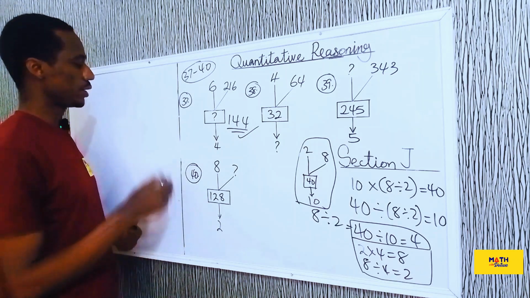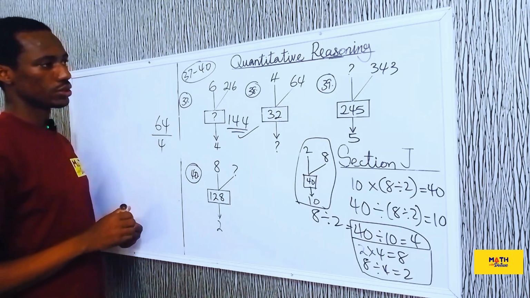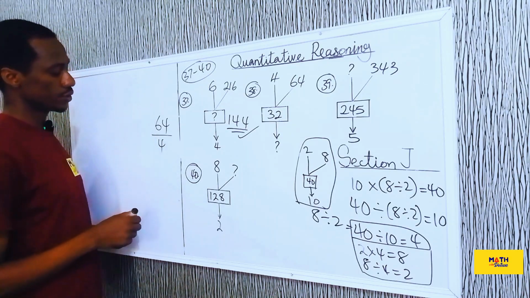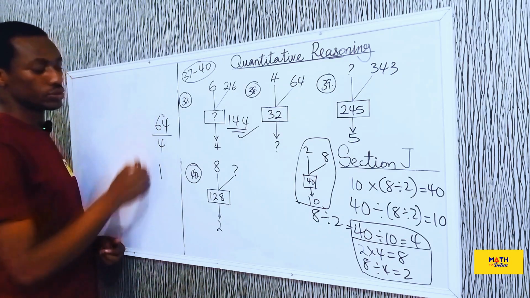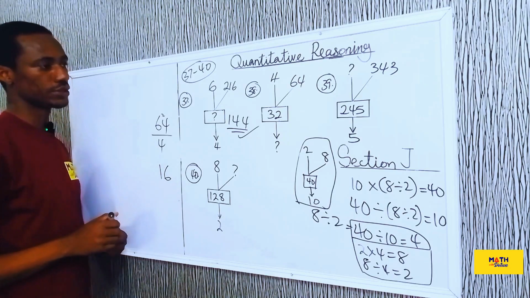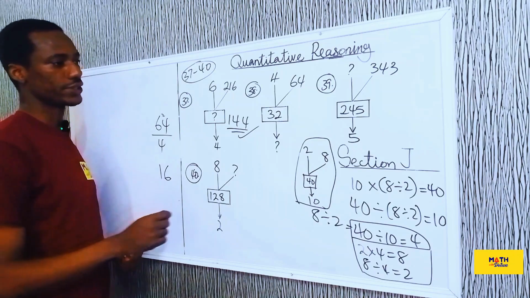Remember that this is to help us practice our basic operation. So be ready to calculate. So 6 divided by 4 is 1, remainder 2, and 24 divided by 4 is 6. So that means the answer is 16 for this. 64 divided by 4, 16.